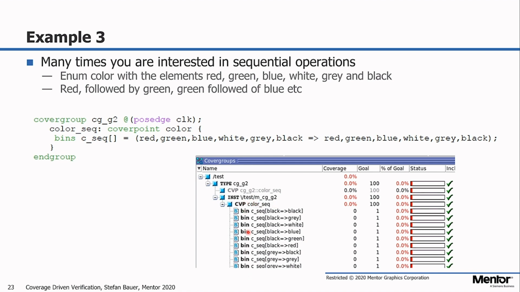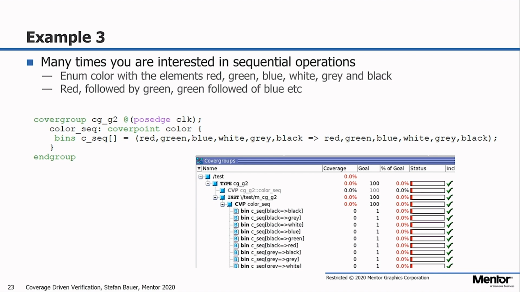The bins here mean C sequence for black followed by black, black followed by gray, black followed by white, and so on. So it's quite easy to write one line of sequence, and it's automatically adding a lot of cover bins for this specific sequence.